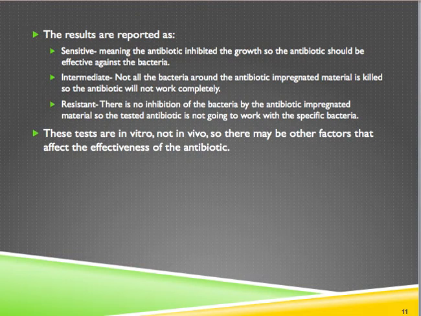If it says intermediate, it means that some of the bacteria was inhibited, but not all of it, by that antibiotic, so the antibiotic isn't going to work completely. And if it's resistant, it means there is no inhibition of the bacteria by that antibiotic impregnated material, so the tested antibiotic is not going to work with the specific bacteria. And usually it'll have multiple antibiotics listed, and whether or not they were S, I, or R.